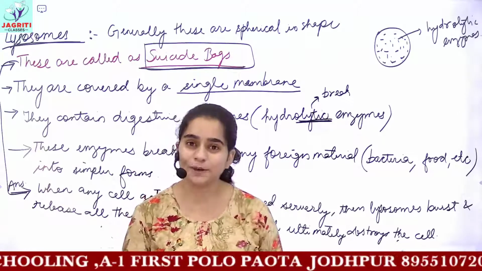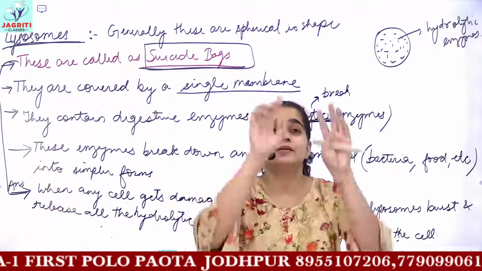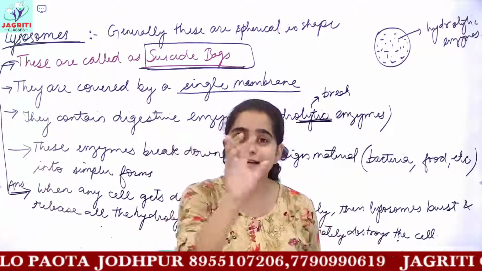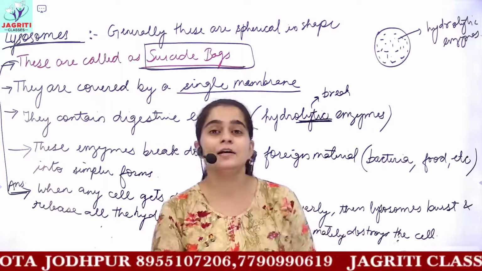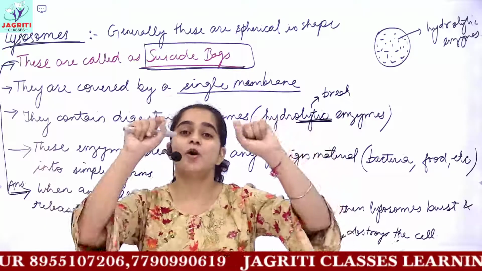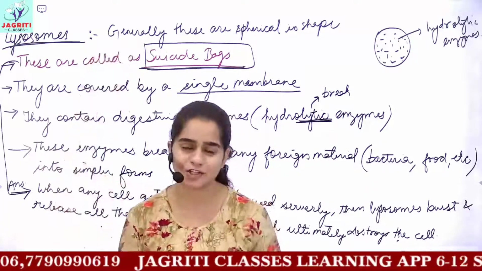And in the end we'll do the classification of organelles based on membrane, that is, which organelles contain a single membrane, which are bound by a double membrane, and which do not have any membranous structure around them.